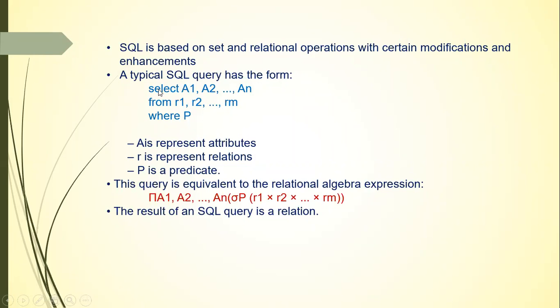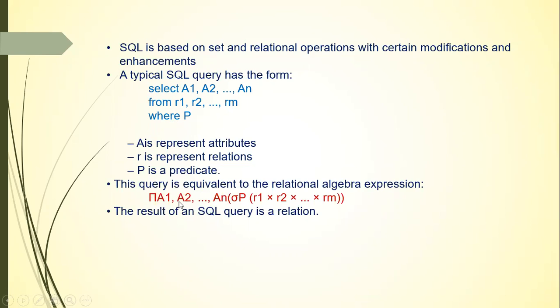Do you understand? Select means what? To select that information from the given table according to this particular predicate or condition. Okay, here we write this particular query with the help of relational algebra. We consider this symbol, sorry, it is not a predicate; this will represent the select operation.